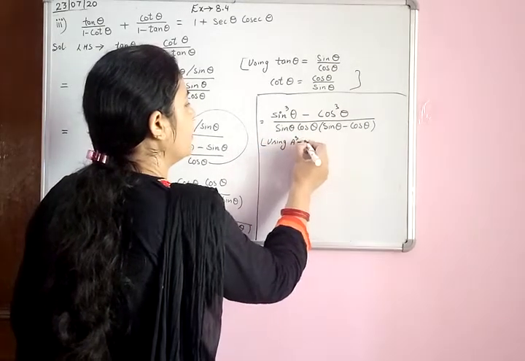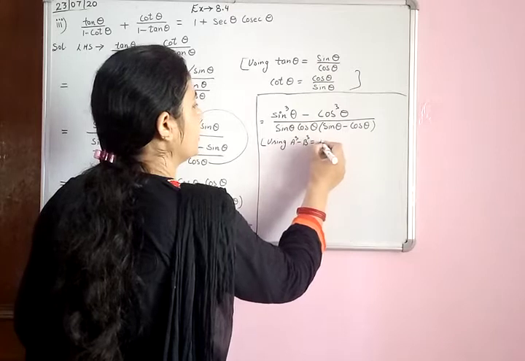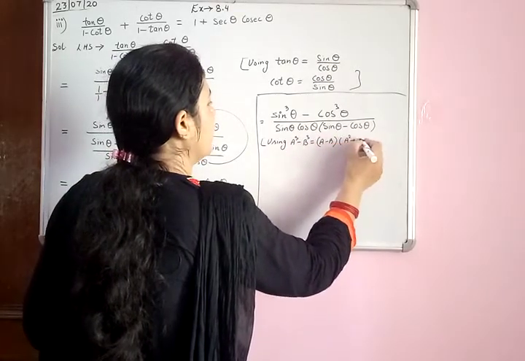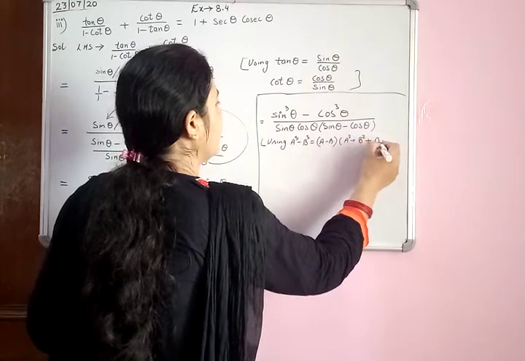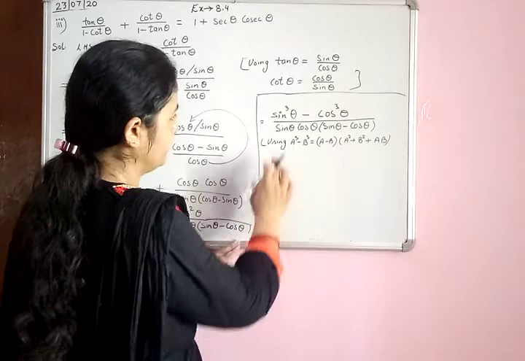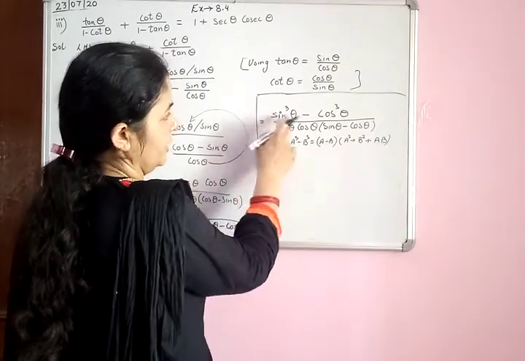a cube minus b cube is equal to a minus b bracket a square plus b square plus ab. Okay, so we have a is sin theta and b is cos theta.